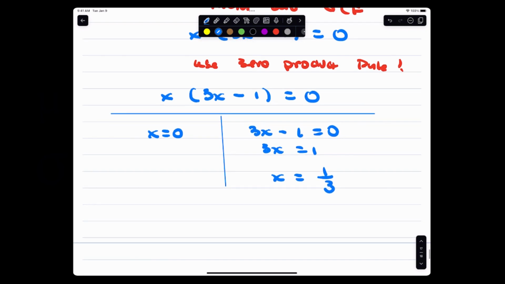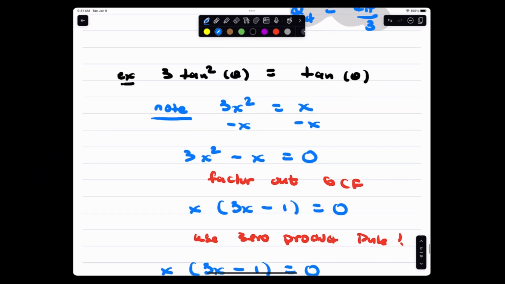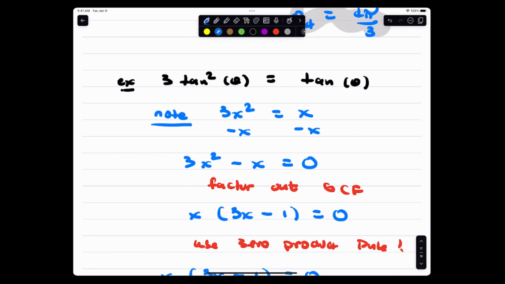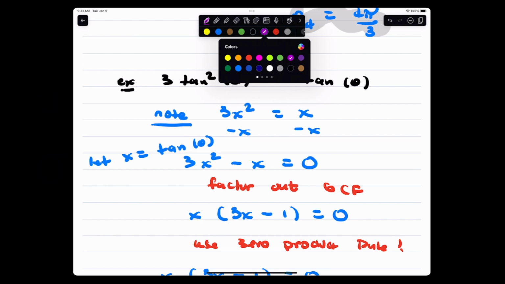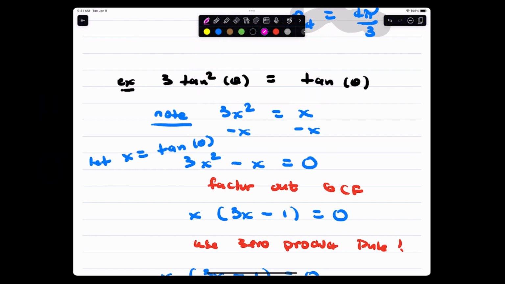Now, you might say, well, what does that have to do with this? Well, what you can do is let that x be tangent. This is called a substitution. Let's use pink. And so you already did the algebra.